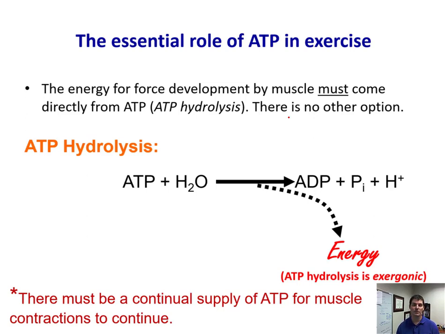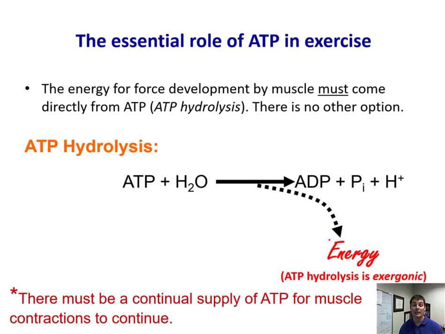Everything in a muscle contraction requires ATP and ATP only. This is an exergonic reaction. In a hydrolysis reaction, hydro meaning water, we use water to break the bond of an inorganic phosphate in ATP, release energy, and we're left with ADP and an inorganic phosphate.